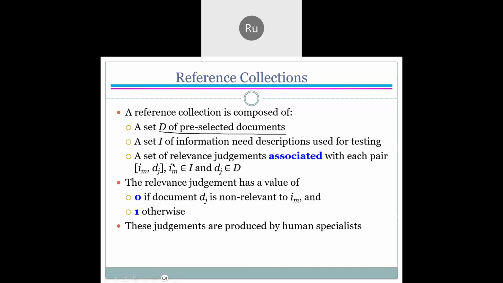And we also have the information related to the query. This is the one that we are looking for. This is the information that we require to get from the system.